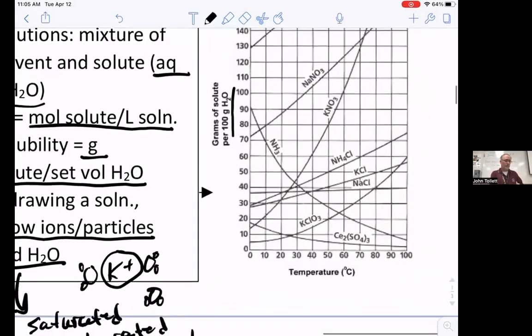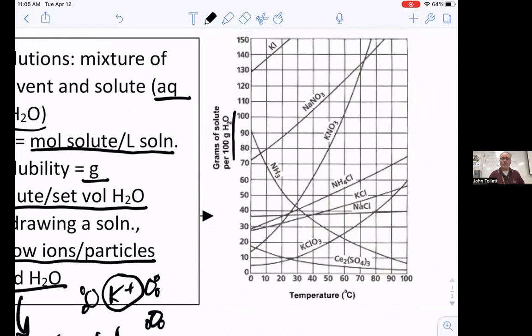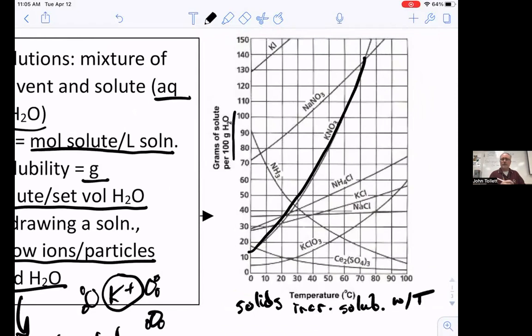This is very familiar. It shows solubility in grams of different solutes per 100 grams of water. Notice that the majority of them go up. So solids tend to increase solubility with temperature increase.